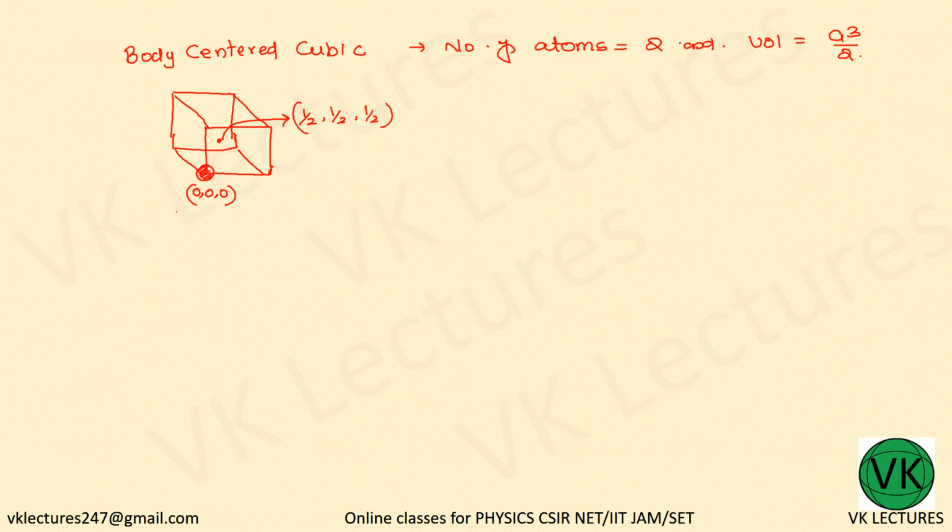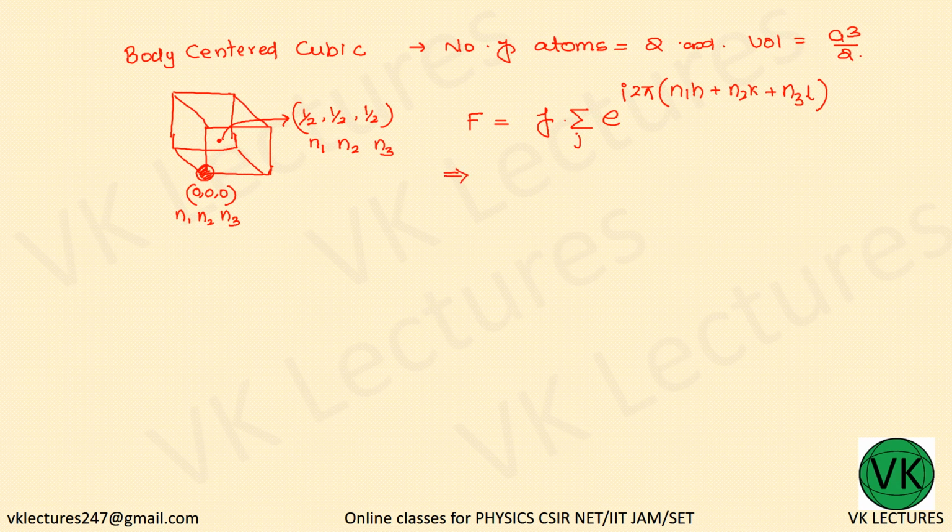Okay, so this is n1, n2 and n3 for the first atom. This is n1, n2 and n3 for the second atom. Coming to the geometrical structure factor F, we can write it as f times sum over j e to the power i times 2 pi into n1 h plus n2 k plus n3 l. Introducing the two atoms for j value.